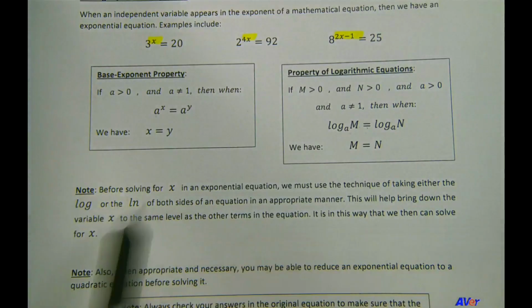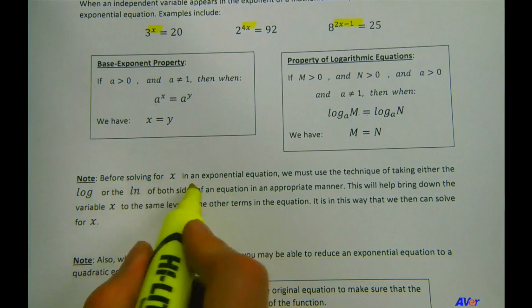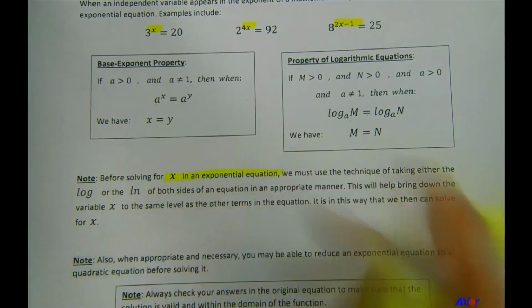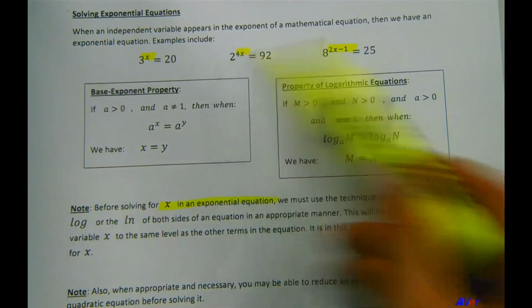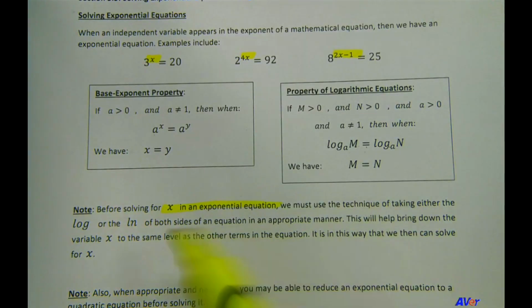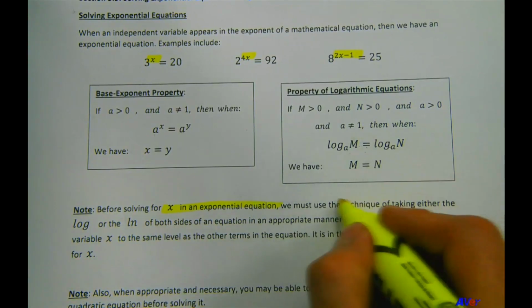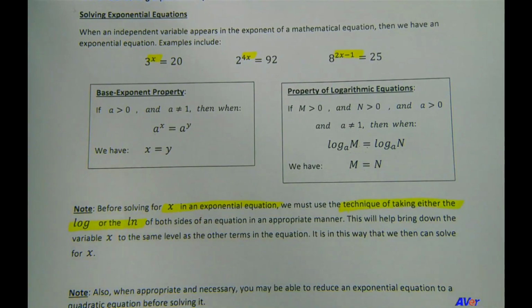So in this note, I'm saying that before solving for x in the exponential equation, right? That means before solving for x that appears in the exponent of an equation, we must use the technique of taking either the log or the natural log of both sides. Remember when we were solving the equations before we got to log functions and exponential functions. Remember a lot of times we would divide both sides by some number when appropriate.